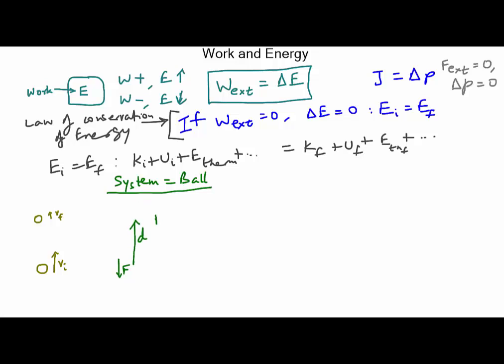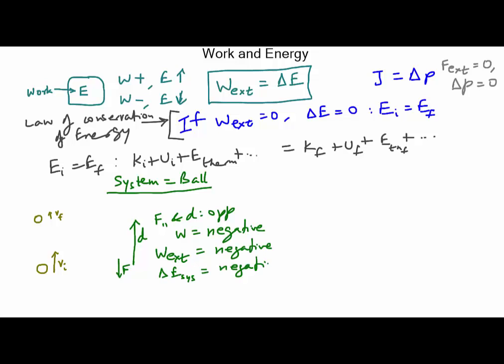These two are in opposite directions. F parallel and D are opposite, and that implies that the work is negative. And it is an external work because the work is done by the Earth, which is external to the system. So when I have external work equals negative, my delta E is negative for the system, which means that the energy decreases.